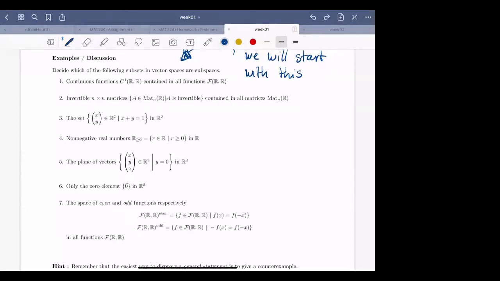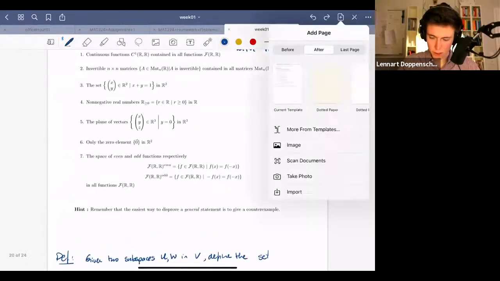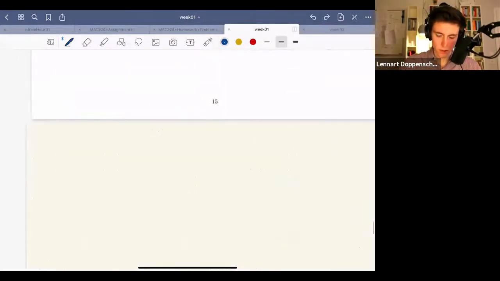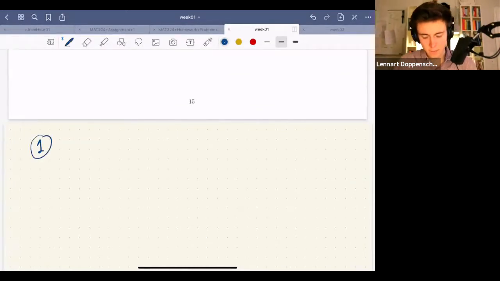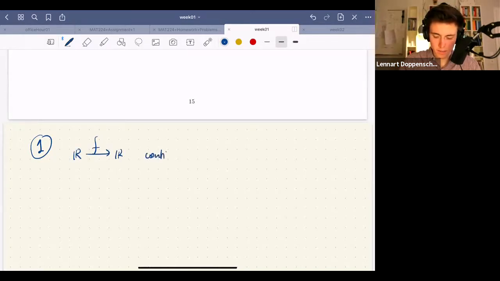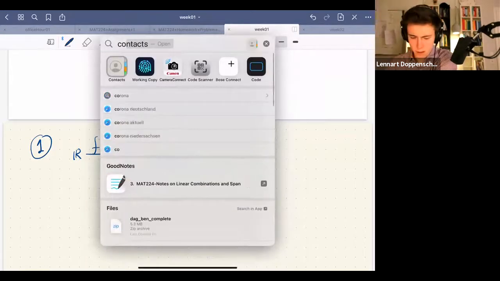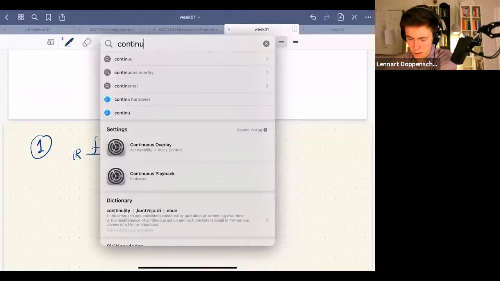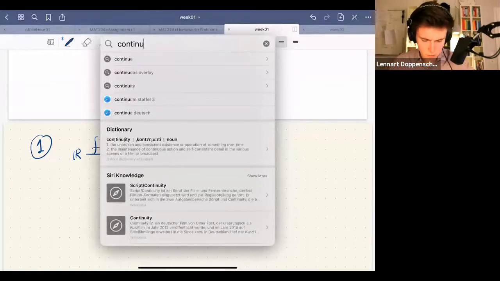So continuity means that, I should probably start a new page. So about 1. So f as a function from R to R is continuous. Wait, is that how I spell continuous? No, it's not.